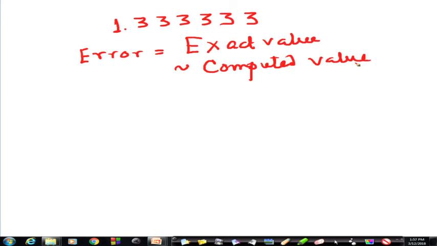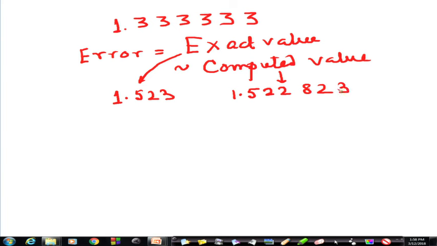Suppose the exact value is 1.523, and during my computation I got 1.52283.